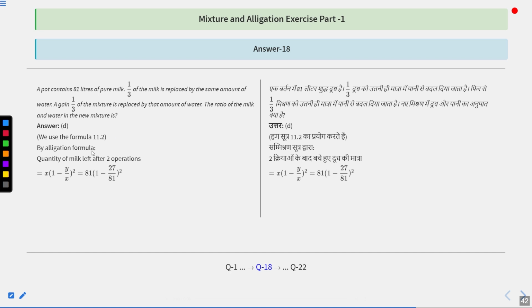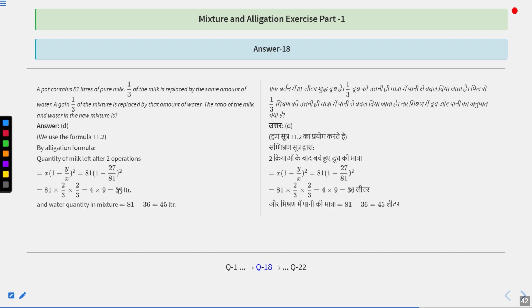So the formula for this type of question is x into (1 minus y upon x) to the power n, and n is 2, because this process is repeated 2 times. So 81 in the bracket, 1 minus 27 upon 81, squared. When we calculate it, we get 36 liters is the correct answer. Clear?